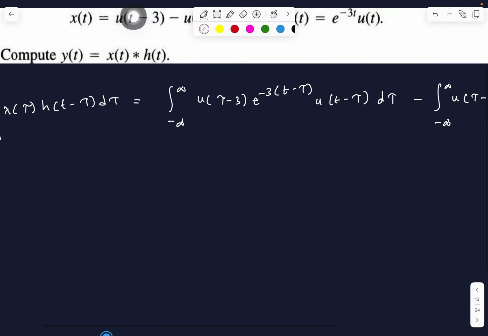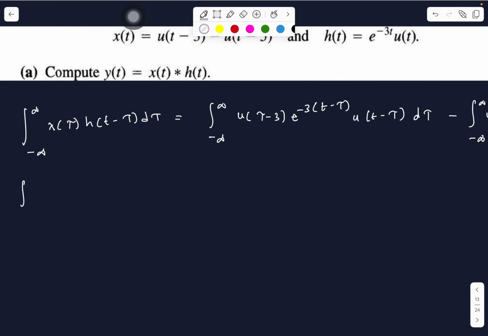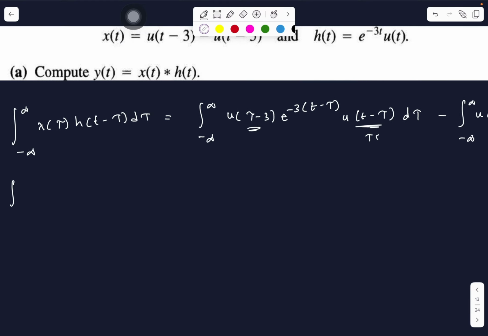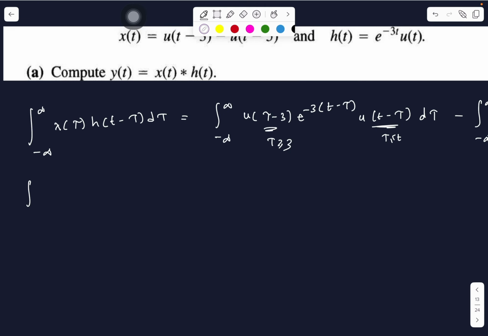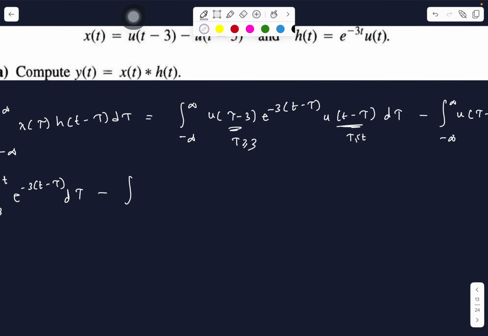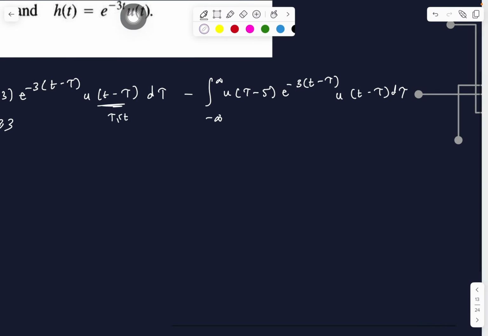And then let's do the limits again in the same way. So the first one, the limits will be tau less than or equal to t, and tau greater than or equal to 3. So from 3 to t, and then e^(-3(t minus tau)) d tau minus, we do the same thing here.